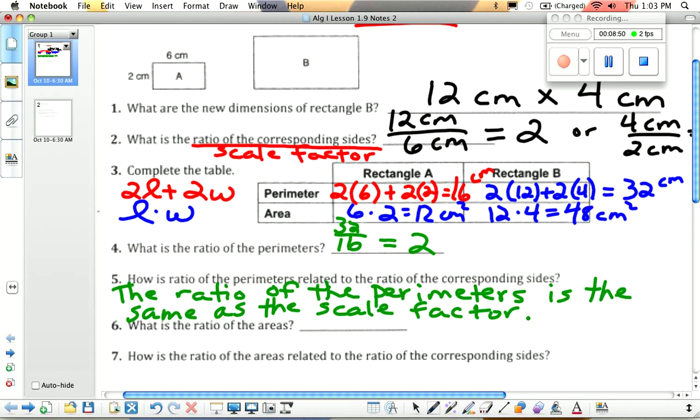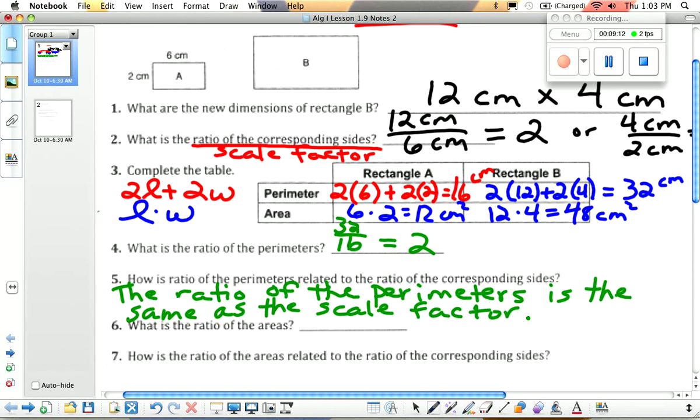How many squares does it take to cover it that are whatever it's measured in? This one's measured in centimeters. So it would take 48 centimeter by centimeter squares to cover that larger rectangle. It would take 12 little centimeter squares to cover the other rectangle. To cover it, just lay on top of it and cover it all up.